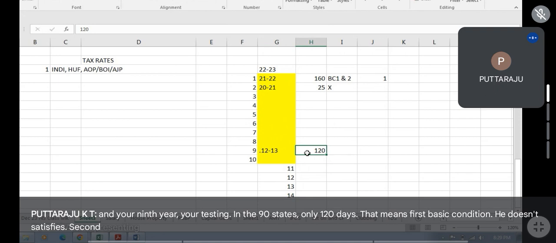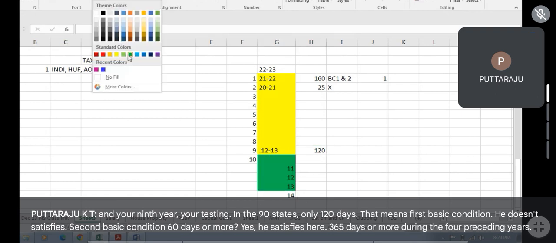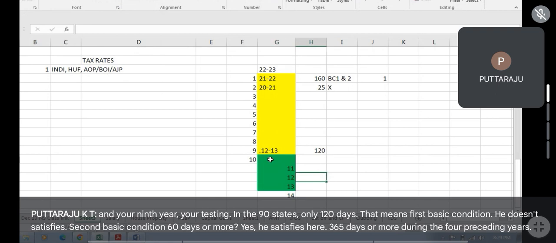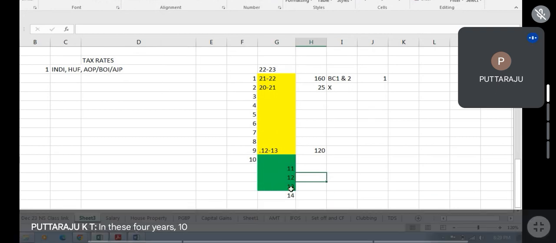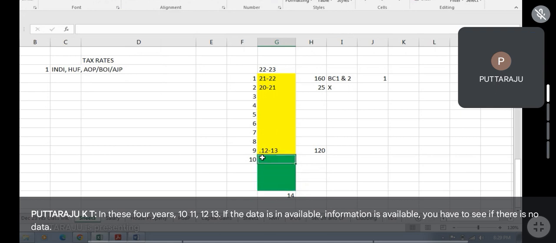Second basic condition, 60 days or more, yes, he satisfies here. 365 days or more during the 4 preceding years: in these 4 years, 10, 11, 12, 13, if the data is available, you have to see. If there is no data, then you have to see only the 10th year.